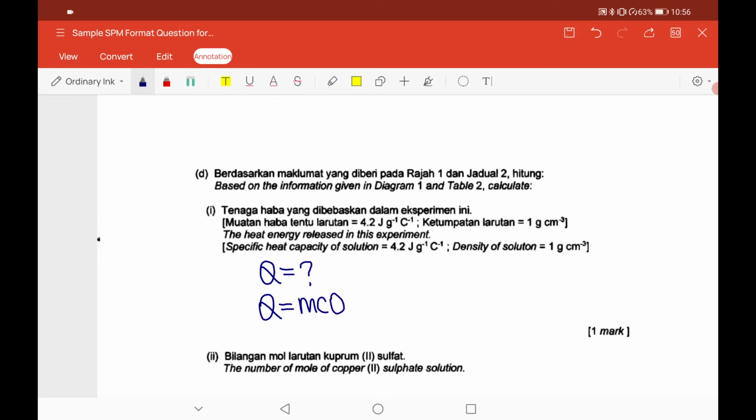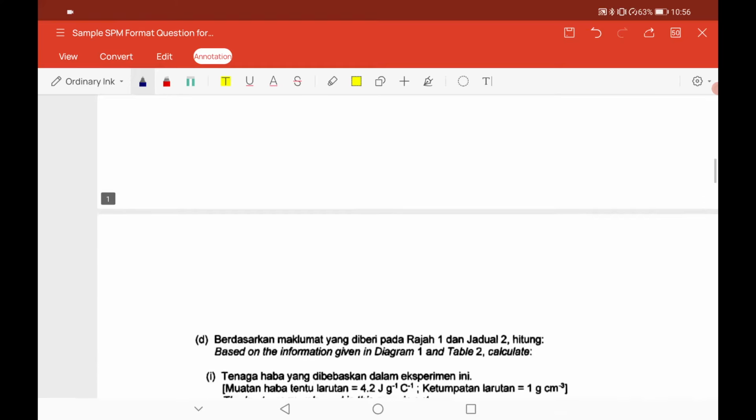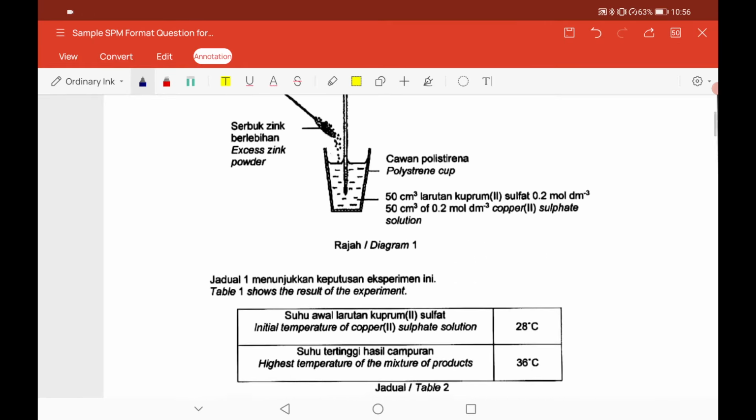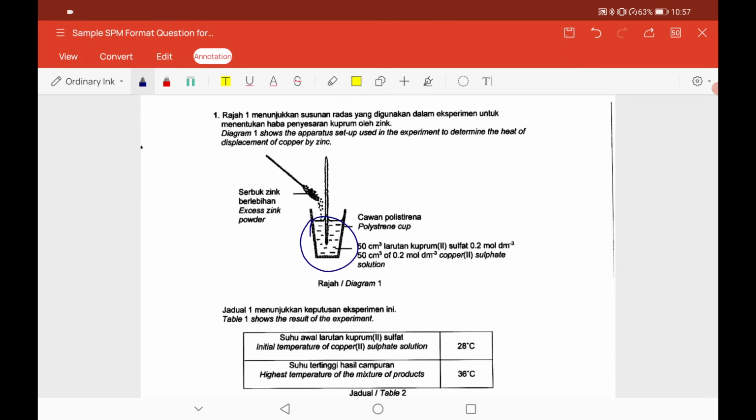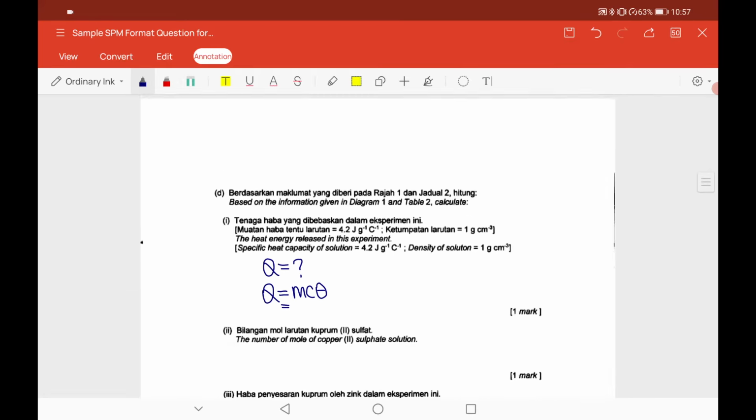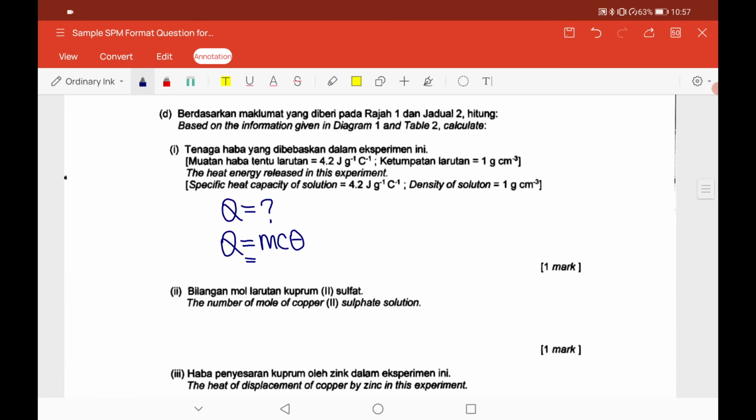So fill in the blanks. Do we know the M? M is the mass. In this chapter, the mass refers to the solution. The mass of the solution is the same as the volume of solution, which is 50. So the mass is 50.